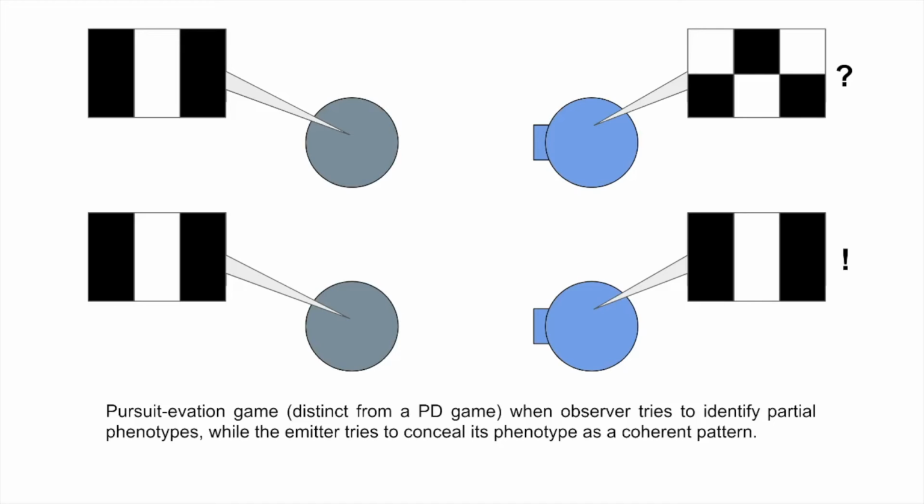This pattern might be at an oblique angle in the environment, and the agent still has to be able to recognize it. If the agent can recognize that pattern, the payoff for that pattern is much lower than it otherwise would be. If it's a unique pattern that the agent has never seen before, that's also a very high payoff pattern for the emitter, and so on. So it relies on the learning of the observing agent and the ability to generate patterns on the part of the emitting agent.